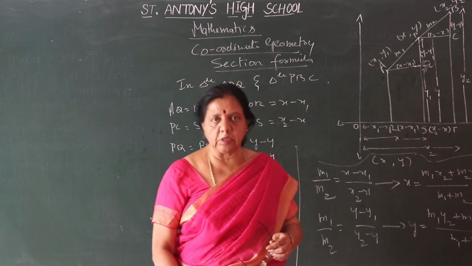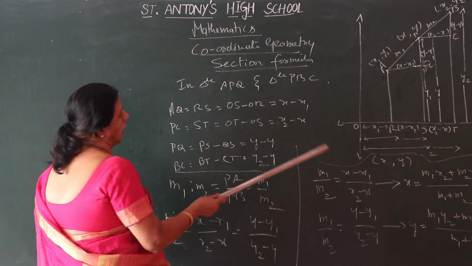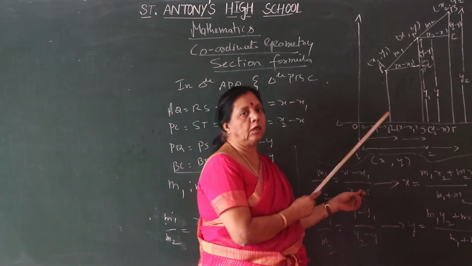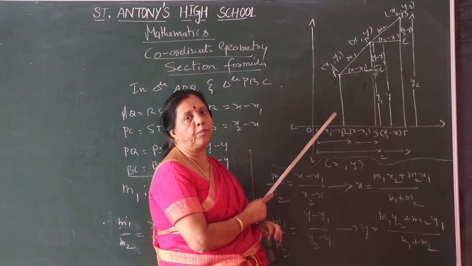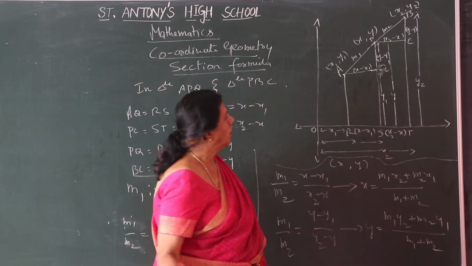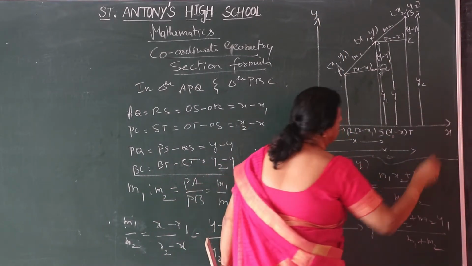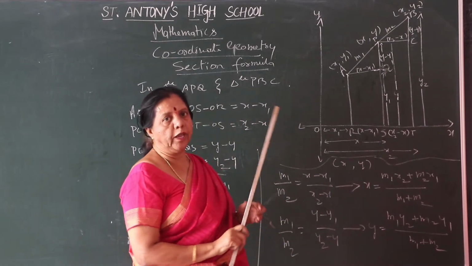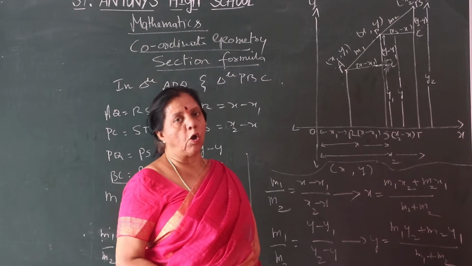Okay, now all of you look at the board. First, try to understand this figure on the graph. This vertical line is the y-axis, and the horizontal line is the x-axis. x is the abscissa, y is the ordinate.